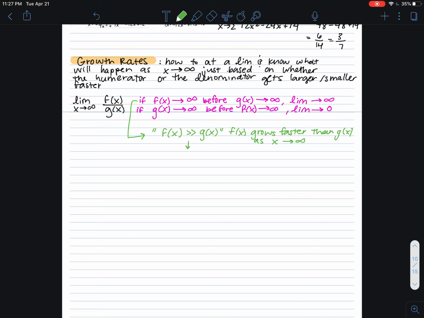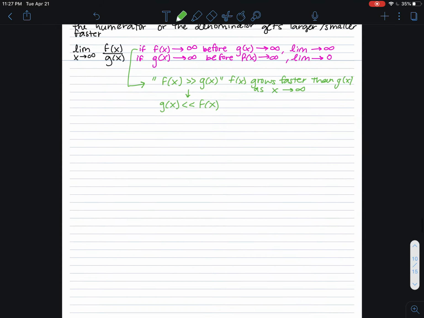So that's the same as writing g of x, then two less than signs, and then f of x. Okay, so that's just notation.